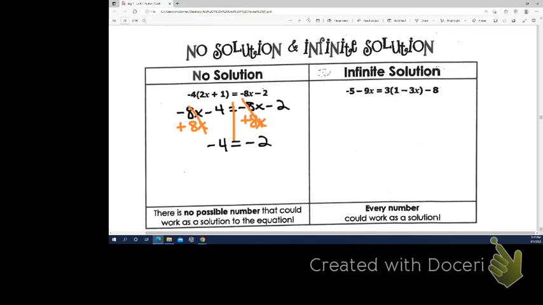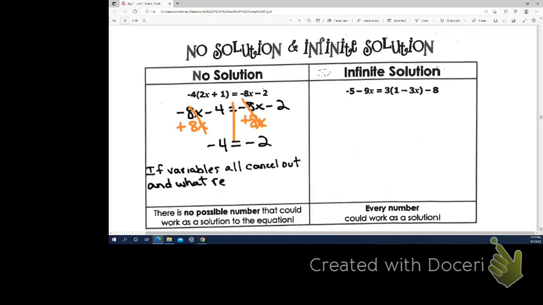And what that tells me, if the variables all cancel out, so it's not just gone on one side, the variables are completely gone, and what remains is false.